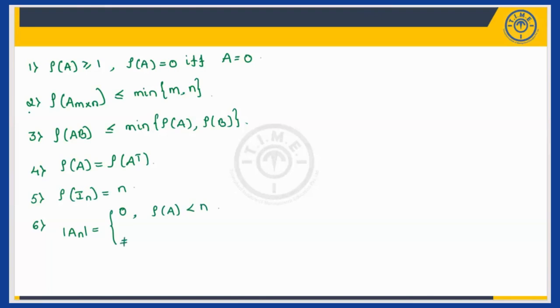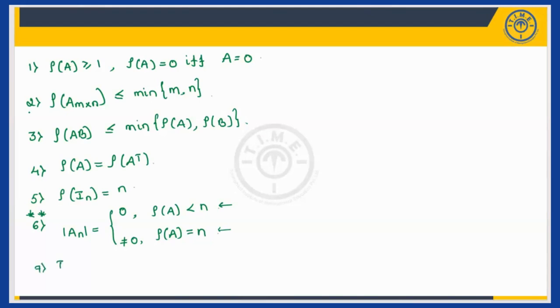And if det A is not equal to 0, then the rank of the matrix is exactly n. We'll be looking at this property in the reverse direction also. Whenever the rank of a matrix is less than n, then the det value is 0. And whenever the rank of A is equal to n, then det is not equal to 0. So we'll utilize this point in the reverse direction also.